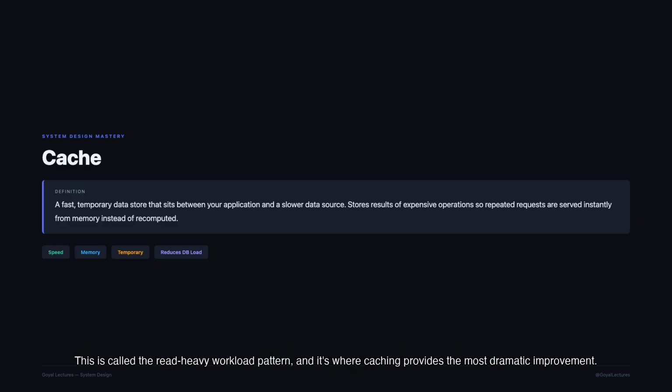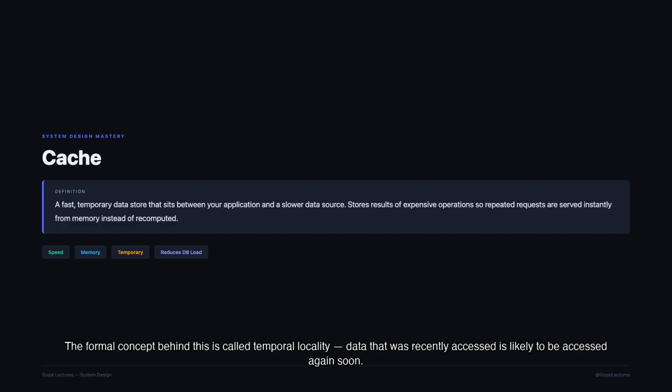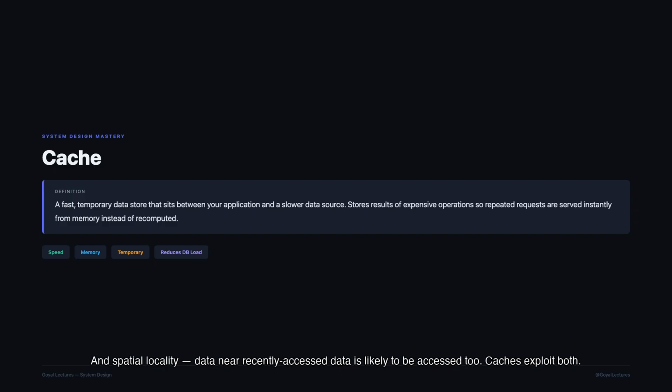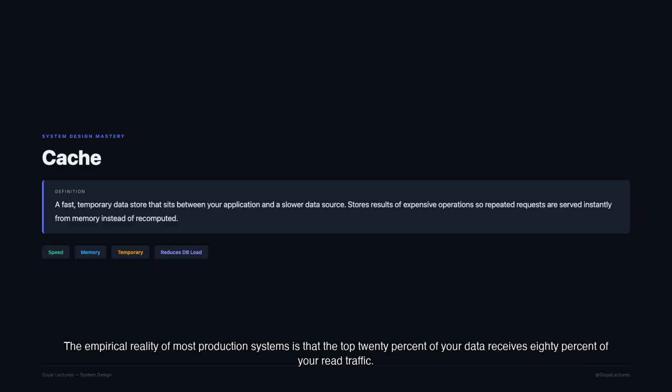The formal concept behind this is called temporal locality. Data that was recently accessed is likely to be accessed again soon. And spatial locality: data near recently accessed data is likely to be accessed too. Caches exploit both. The empirical reality of most production systems is that the top 20% of your data receives 80% of your read traffic.